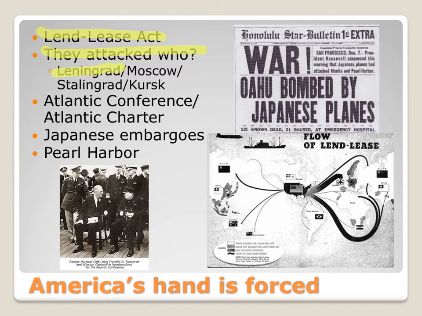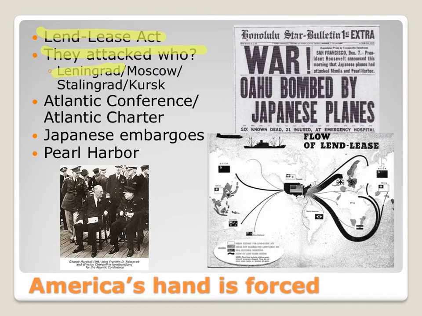North coast of the Soviet Union is a city called Leningrad. It's a huge port city, and most of their supplies that they got came in through Leningrad. The Germans realized this, so they blockade the city. They lay siege to the city. And basically laying siege to a city means that you surround it and cut it off.